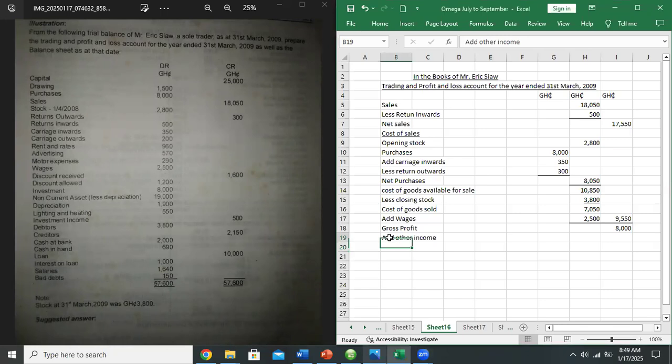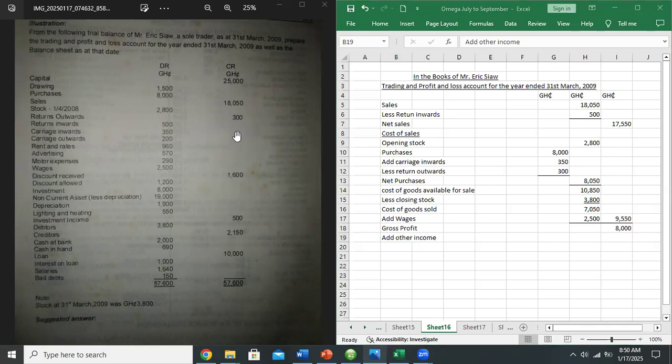Great. So we are at the point of adding other income, as we have determined our gross profit to be 8,000 Ghana cedis. Like I told you, the hint is that all the incomes have credit balances.